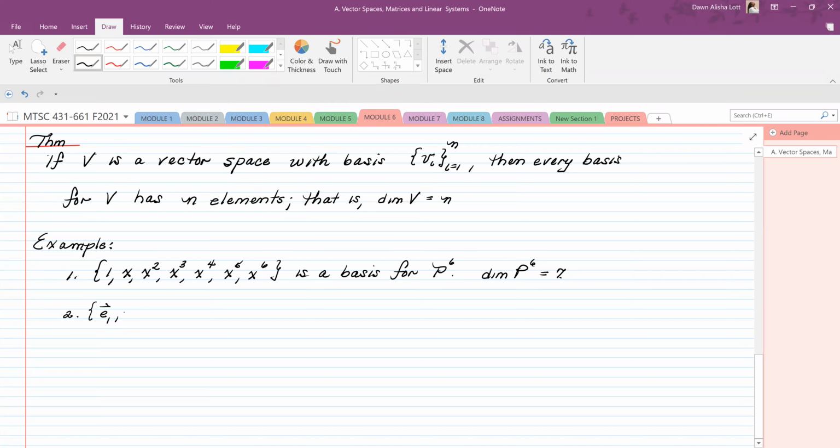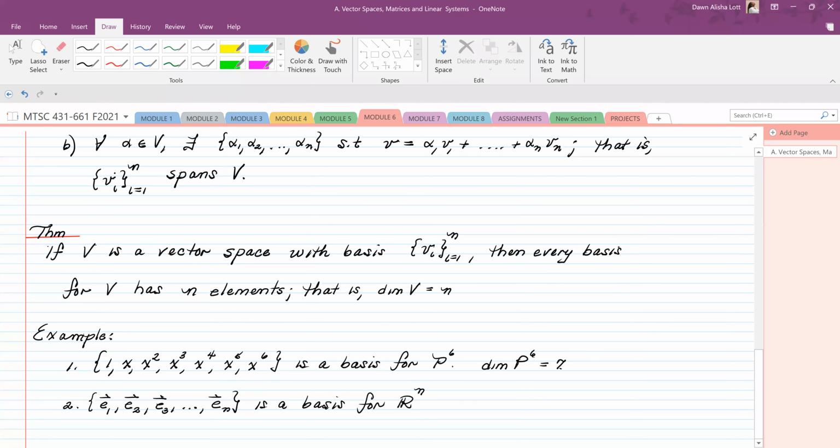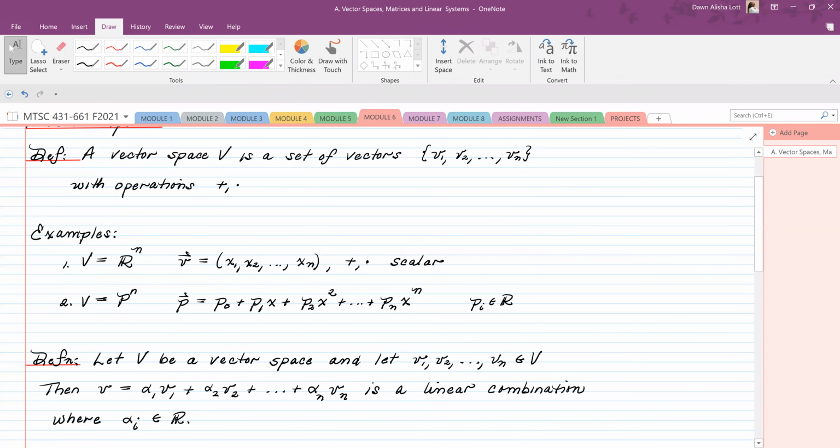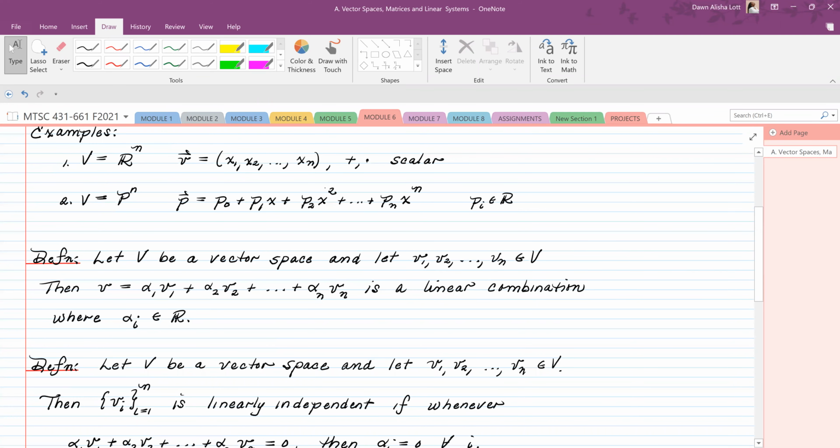And then I hope you remember these: E1, E2, E3, up to En is a basis for Rn. I'm going to go back to Rn over here, and I'm going to make this a transpose only because I like it better when the vector is vertical.